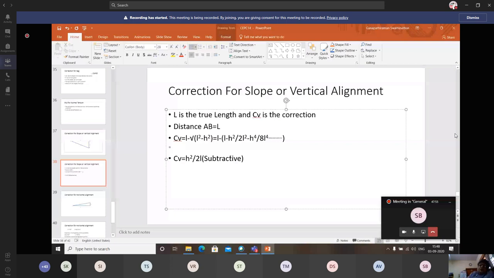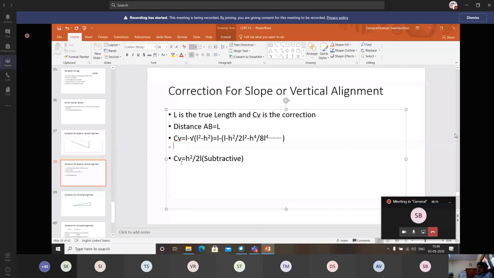Okay. The same thing, but we remove the higher order term, h power 4 by 8 L power 4. Finally, what you get is the correction to vertical alignment, h square by 2L, which is subtractive.